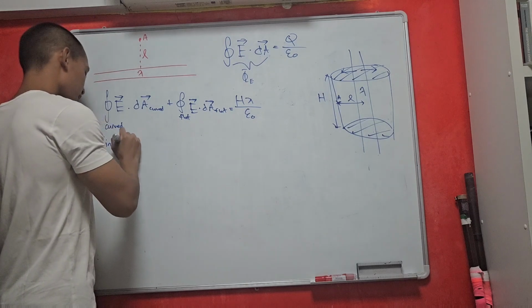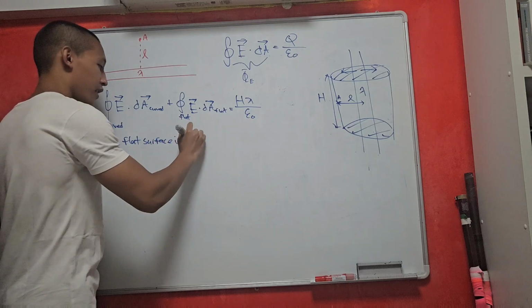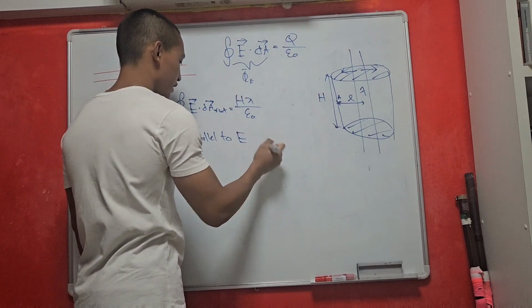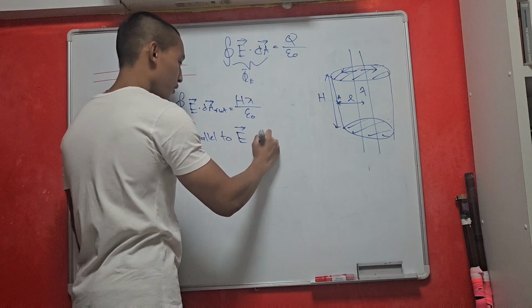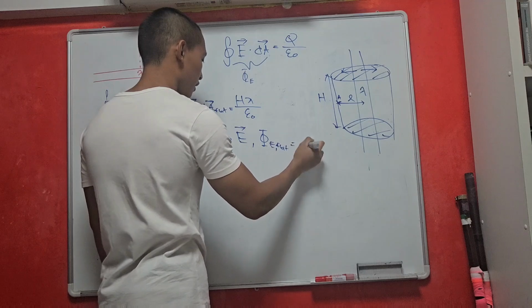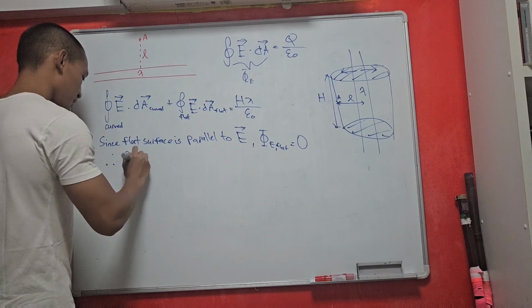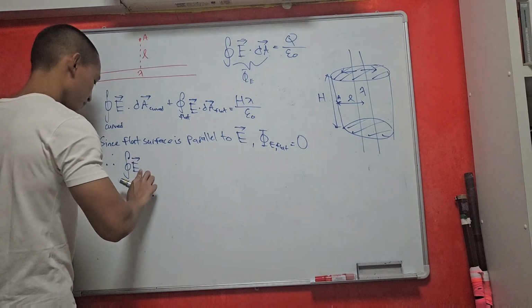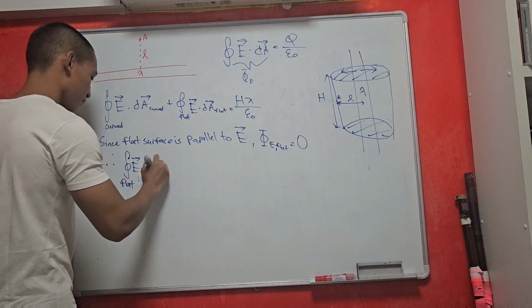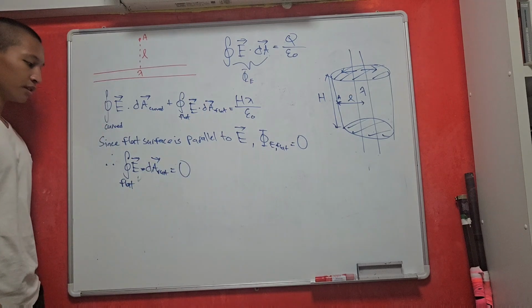So since the flat surface is parallel to the electric field, therefore the electric flux of the flat surface is equal to 0, right?